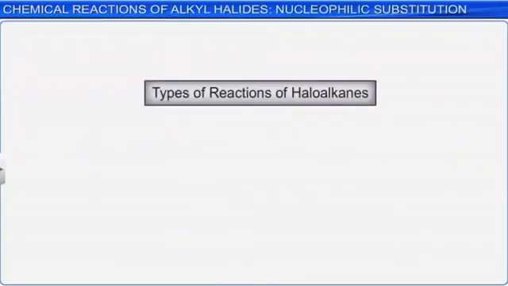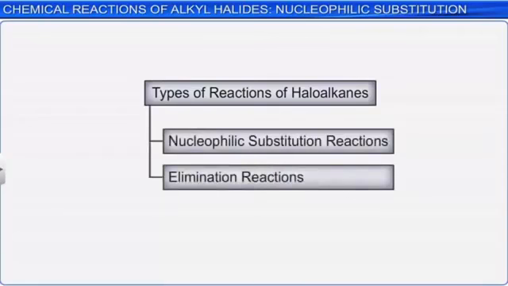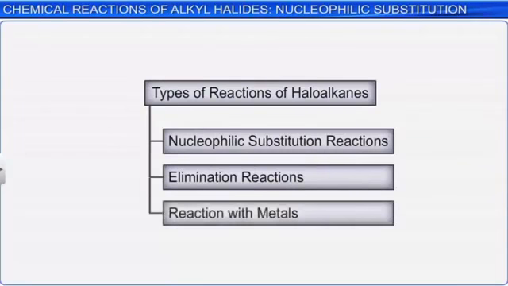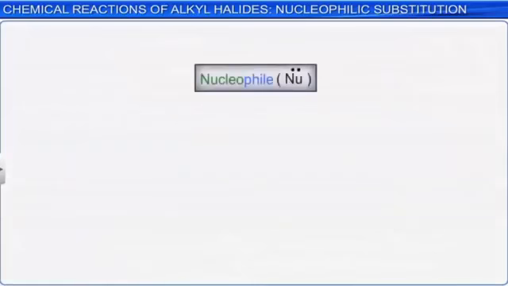Haloalkanes undergo 3 types of reactions. They are nucleophilic substitution reactions, elimination reactions, and reaction with metals. Before you learn about the nucleophilic substitution reactions, get to know what a nucleophile is. The word nucleophile means nucleus-seeking.